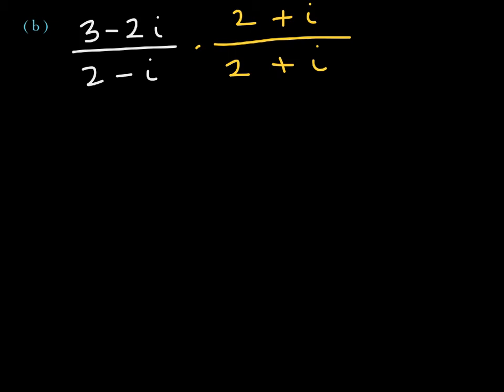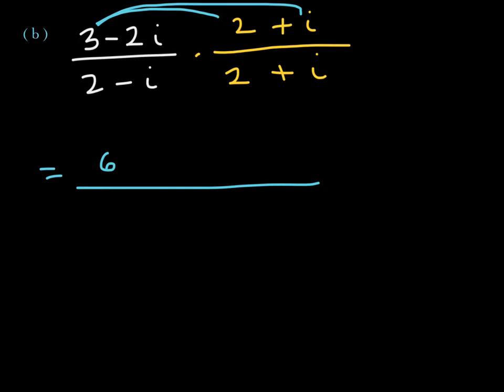So the numerator, 3 times 2 is 6. 3 times positive i, I'm not sure you can see that. Let me move this up a little bit. 3 times i is 3i. Let's continue. Let's see, negative 2i times 2 is negative 4i. And then negative 2i times i is negative 2i squared.